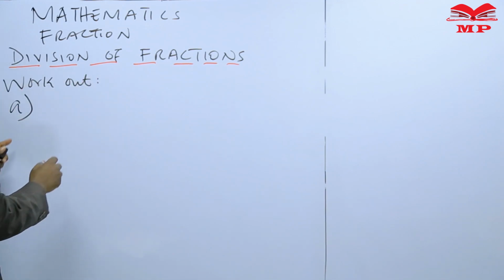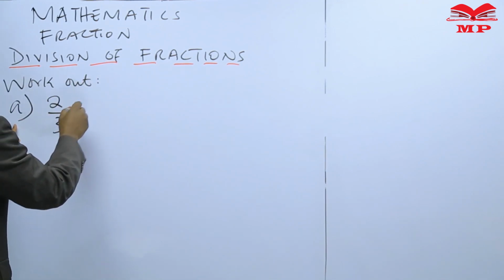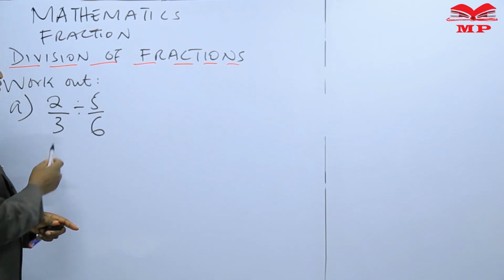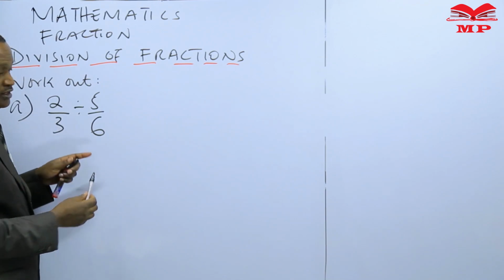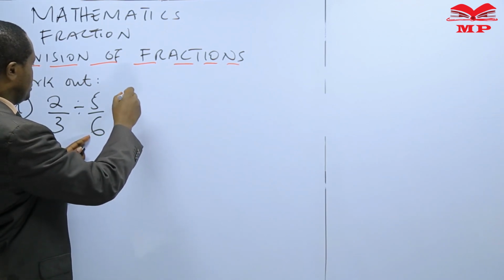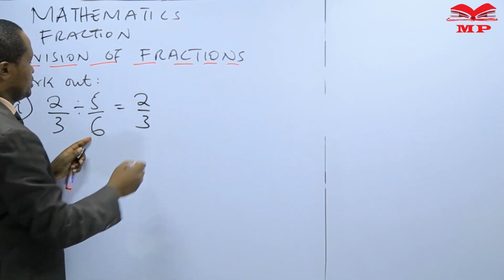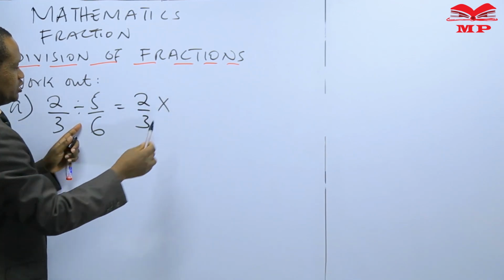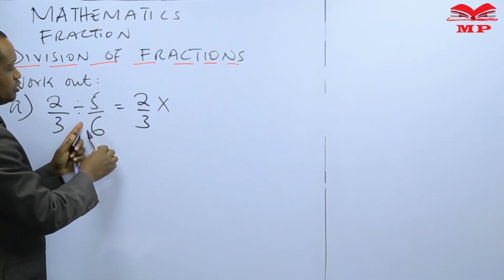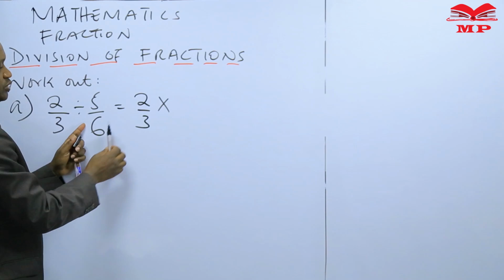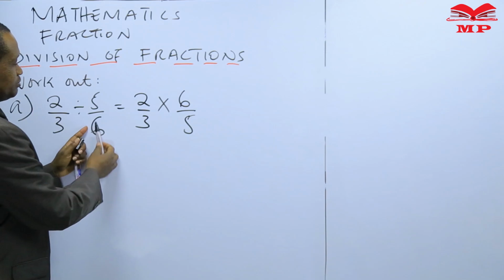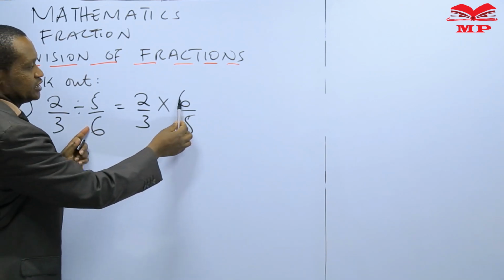A: 2 over 3 divided by 5 over 6. This is equal to 2 over 3 times, when we put the multiplication sign, the reciprocal of the second fraction, which is 6 over 5. The reciprocal of 5 over 6 is 6 over 5.